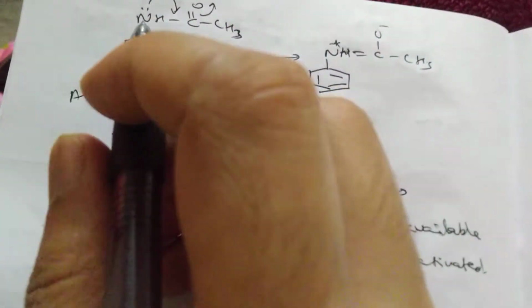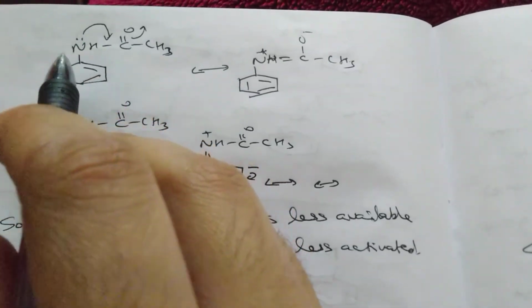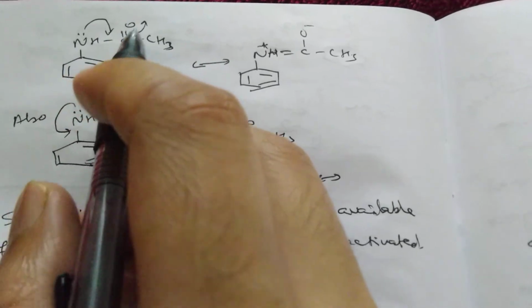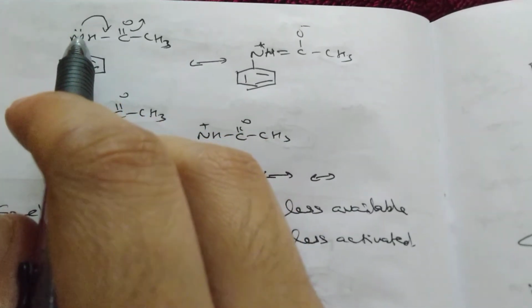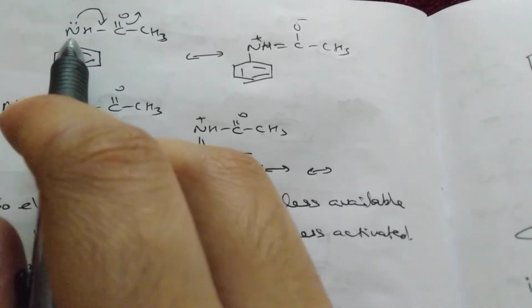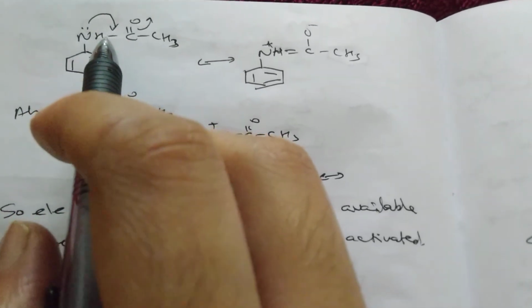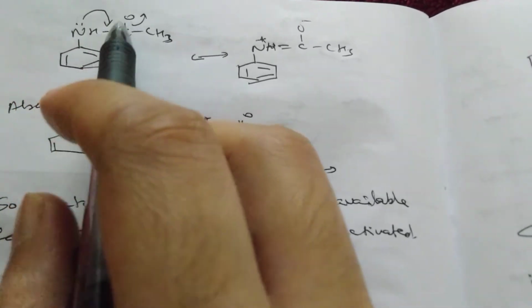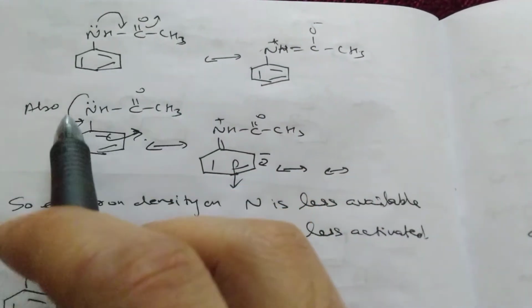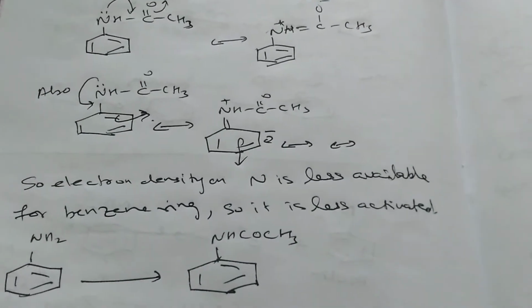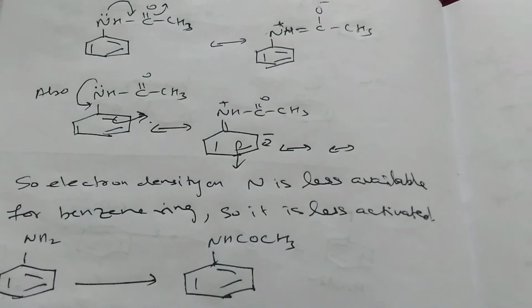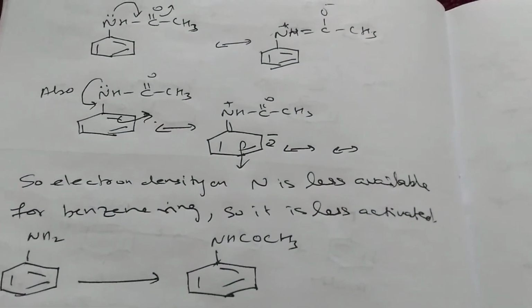Now this electron pair on nitrogen is not completely coming to benzene ring, it is going here also. Initially the whole electron pair of the nitrogen is available for benzene ring. Now it is not completely available for benzene ring, it is going here also, and little bit whatever is left is getting here. So it is still a ring activating group, which is much less activating than aniline.